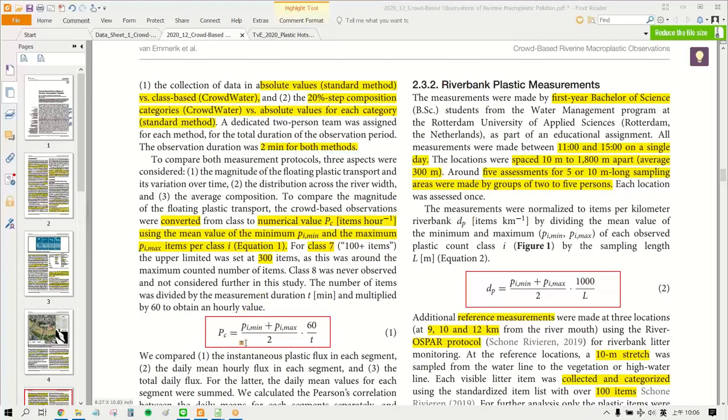I think it's quite simple to understand: in that data, the minimum of the category plus the maximum of the category, divided by 2. I can explain by this figure.